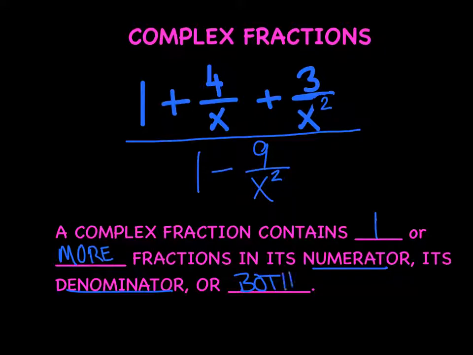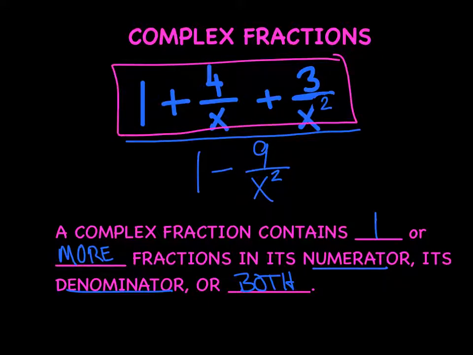And that's what you're seeing in this example that we printed up here. Here's your numerator, and you'll notice there's actually technically what we'd call three minor fractions. Now, what is a minor fraction? A minor fraction is anytime you have a smaller fraction within the larger whole fraction.